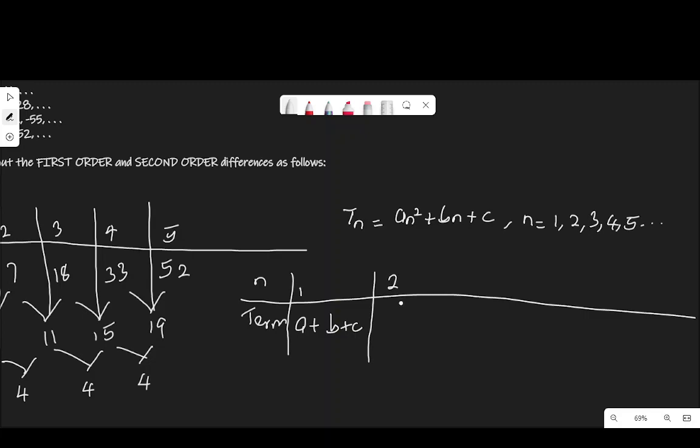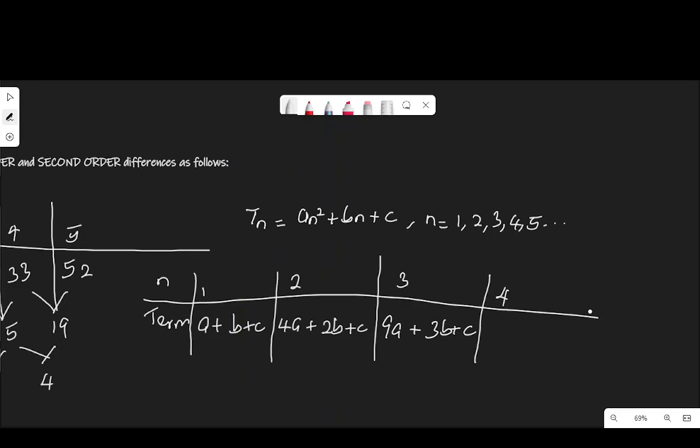If n is 2, 2 squared there is 4, 4 times a is 4a, then 2b and c. That is the second term of the sequence. Again, if I put n equal to 3, 3 squared is 9, times a is 9a, plus 3 times b is 3b, and then c. The third term.